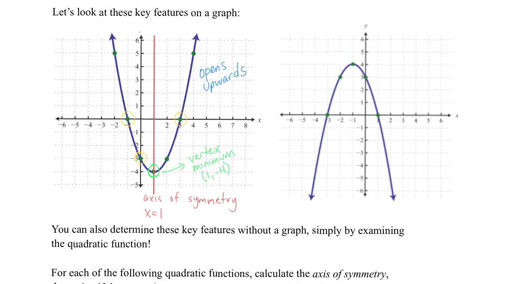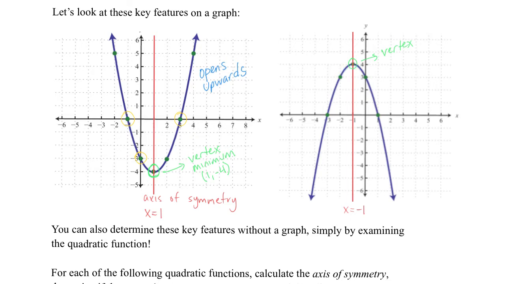Okay, let's look at this other one. I'll go through it a little bit quicker this time. My axis of symmetry is where the parabola gets split in half. So there's my axis of symmetry. Its equation in this case is x equals -1. My vertex right up here at the top, in this case, it's at the top of the parabola.